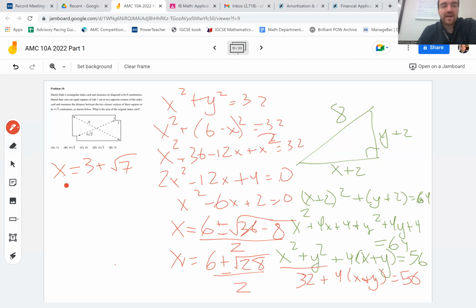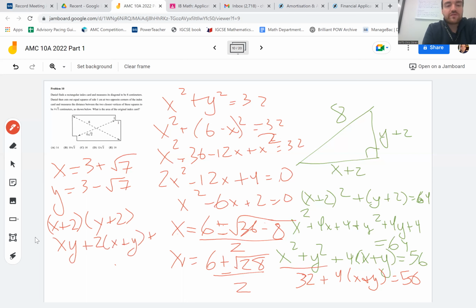Now, remember, X and Y have to add up to 6. That means Y is 3 minus root 7. We want to know the size of the original index card, which would be X plus 2 times Y plus 2, or XY plus 2 times X plus Y plus 4.